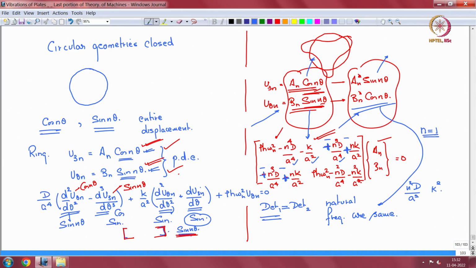Okay. So if we do that, what we get for n equal to 1 is, for the first case, for a_n and b_n, rho h omega_n^2 minus k by a^2, minus k by a^2, minus k by a^2, rho h omega_n^2 minus k by a^2.